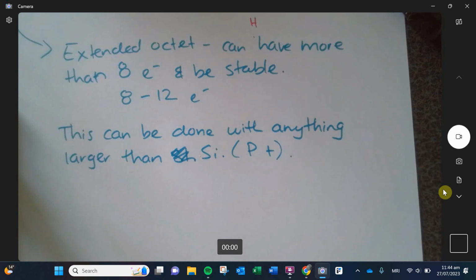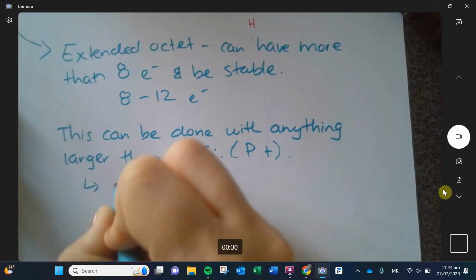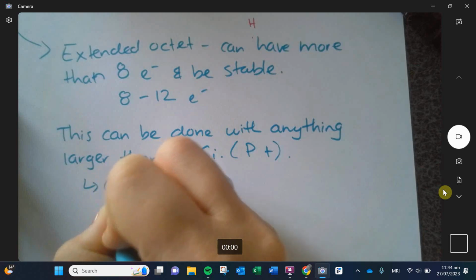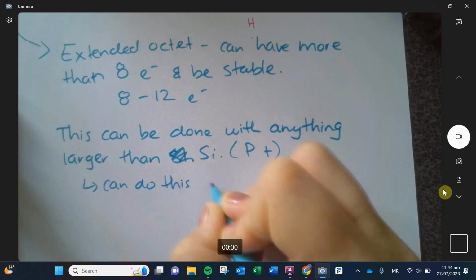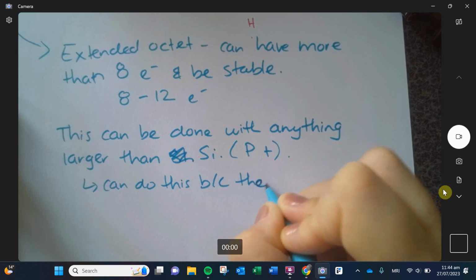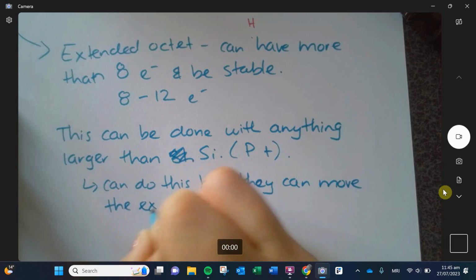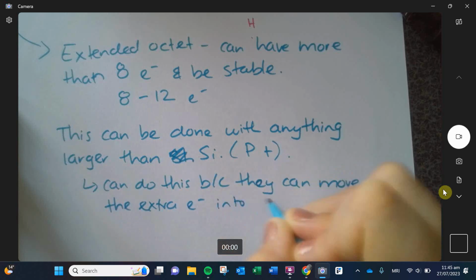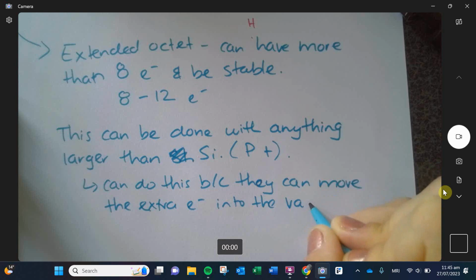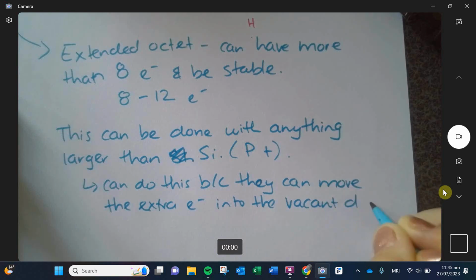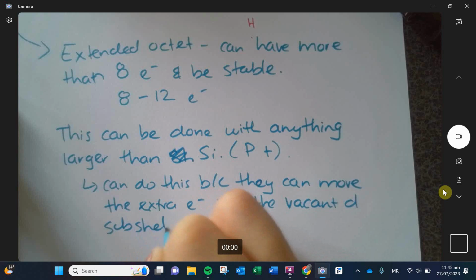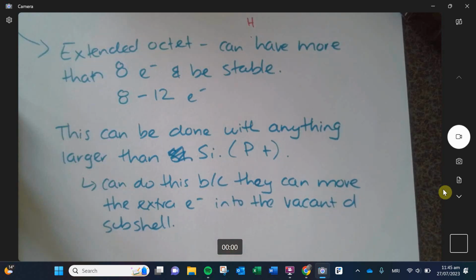The reason has to do with the fact that they can move these additional electrons into their vacant D shell. They're large enough atoms that they can do that, which is really useful.